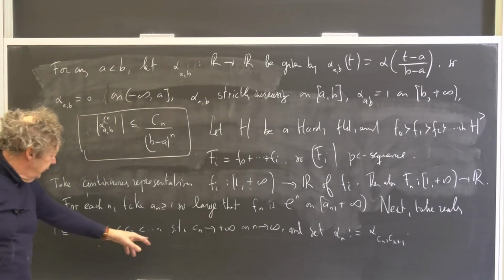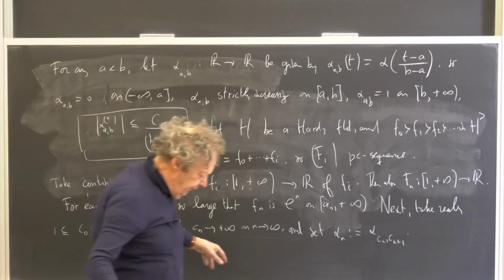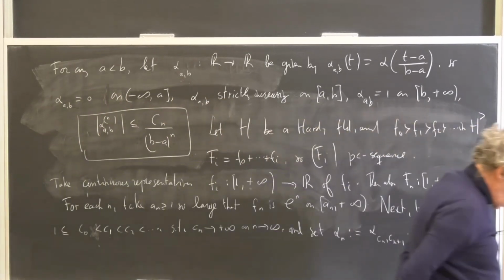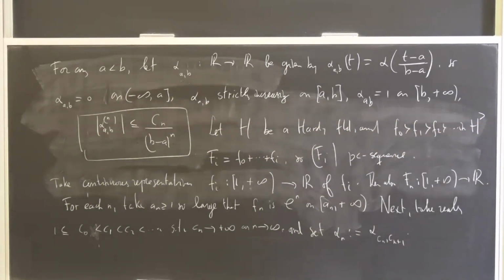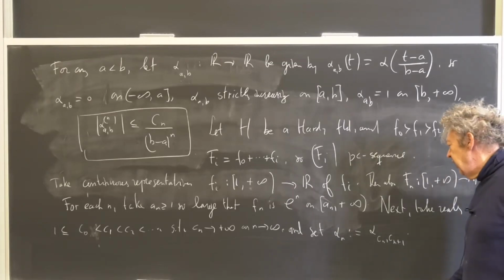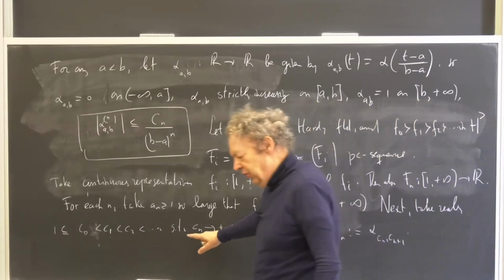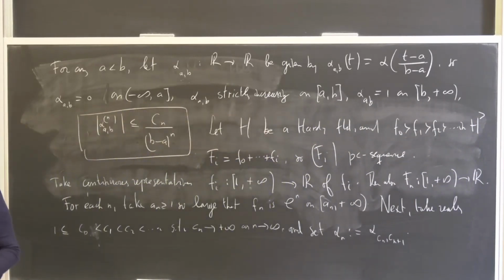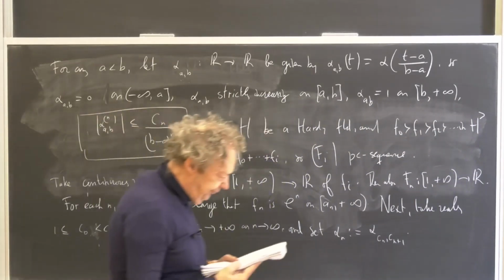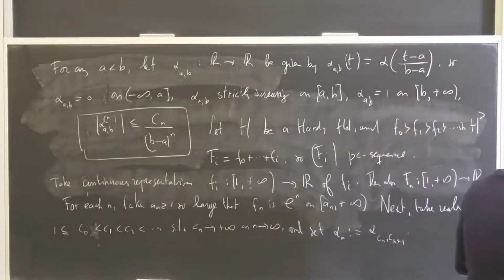We will try to adjust the Cn's in such a way that nice things happen, but I'm not saying yet. You can think of the a's as being fixed from now on, but the C's as being adjustable to what we want.